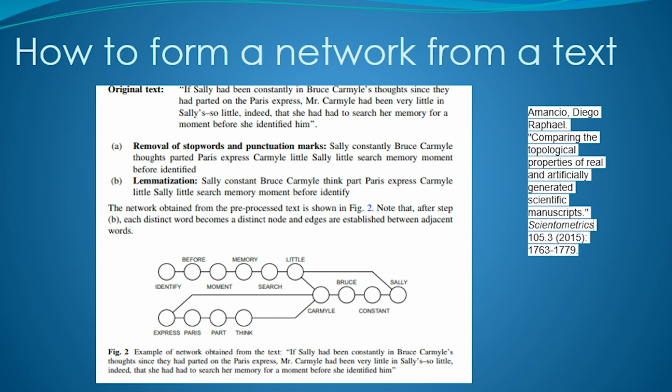If words X and Y occur in the same paragraph, I give an edge between X and Y. Or I can say that if words X and Y occur in the same paragraph at less than a distance D, I connect them. So there are so many ways. There is not a single way to form a network from a document or text.